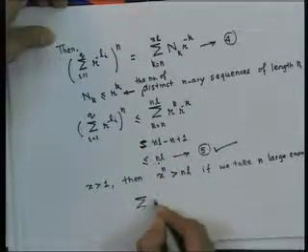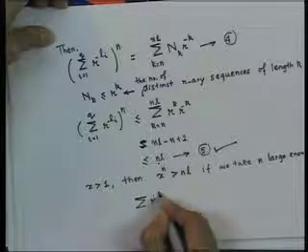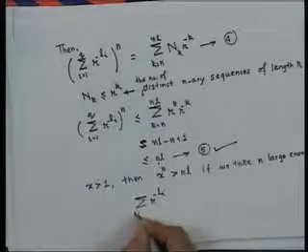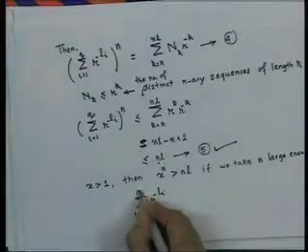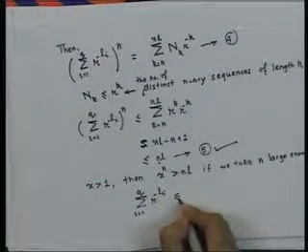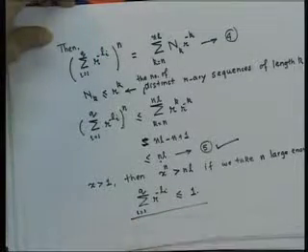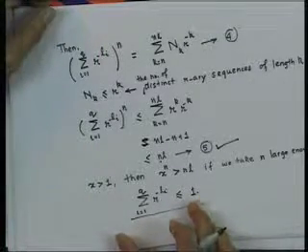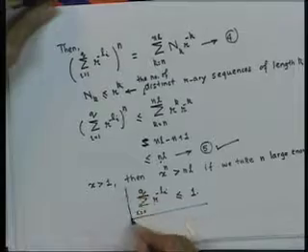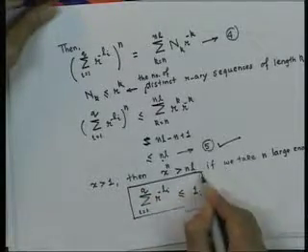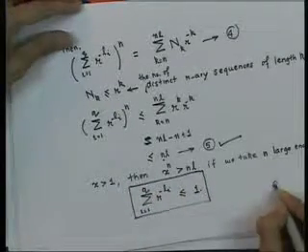So, the sum of r to the minus l_i, i equal to 1 to q, should be less than or equal to 1. So, if the code is uniquely decodable, we have proved that this condition has to be satisfied.